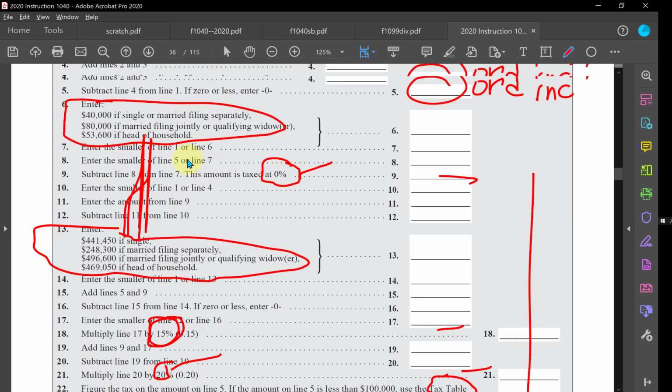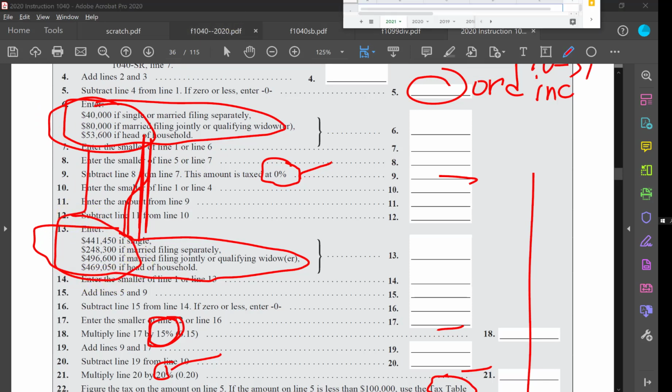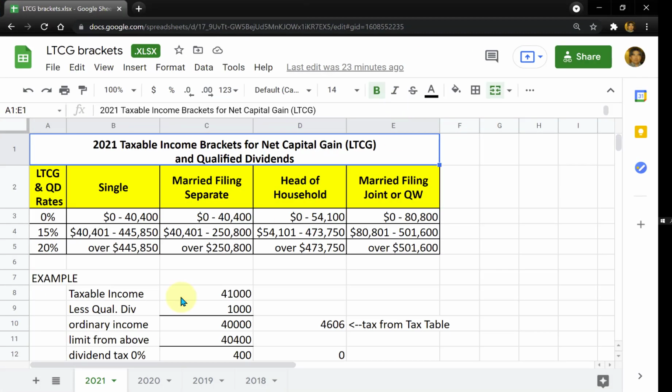Now these ranges here are adjusted for inflation. So I've kind of summarized it here in this worksheet over the years. Here I'm using the year 2021. If the taxpayer has a single filing status, and if their taxable income is under 40,400, all of their qualifying dividends, all of their long-term capital gain distributions are going to be taxed at zero.